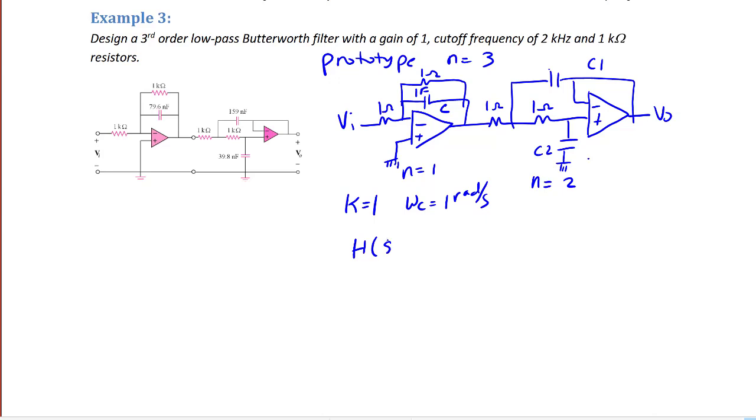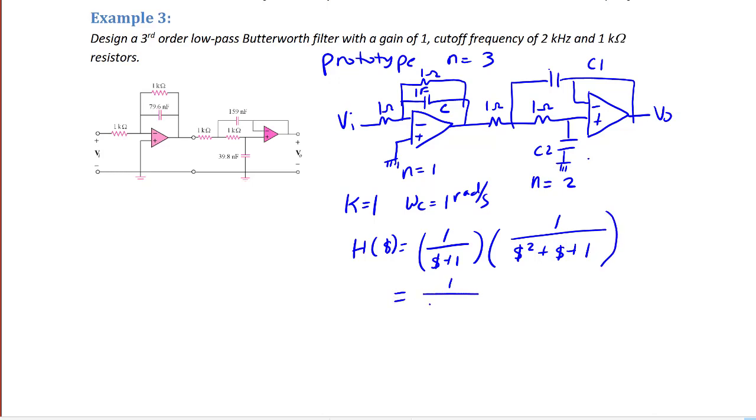And the transfer function H of s for the Butterworth polynomial is 1 over s plus 1 times 1 over s squared plus s plus 1, which equals 1 over s plus 1 over RC times 1 over s squared plus 2 over C1 s plus 1 over C1 C2.